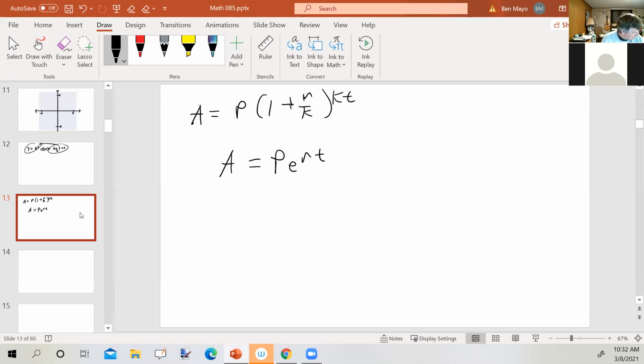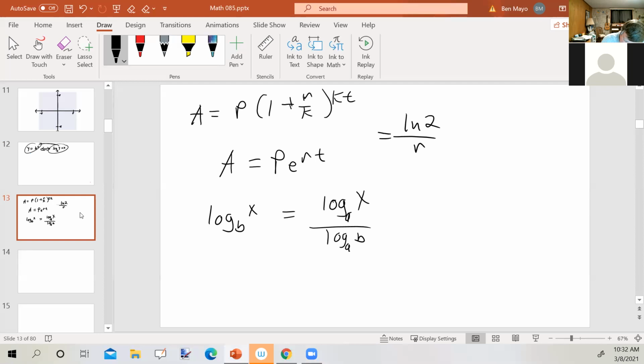Let's see, we have the change of base formula. If we have log base b of x, that's equal to log base a of x divided by log base a of b. We have the doubling formula: the natural log of 2 over r equals t.